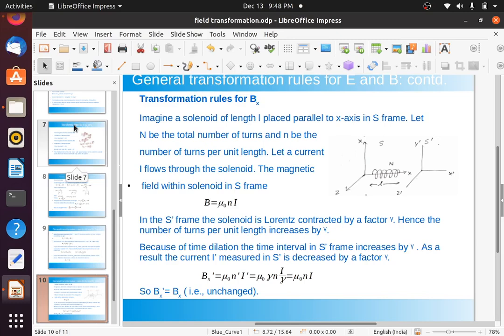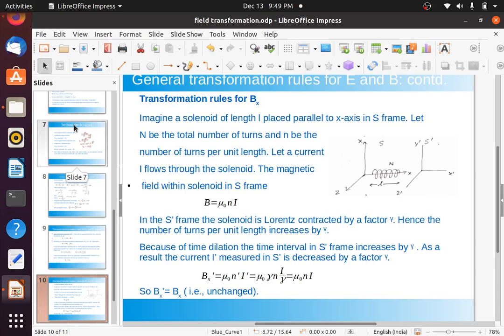This length l is modified. The length of the solenoid gets contracted by a factor gamma, so the new length is l by gamma. What will happen to the number of turns per unit length?